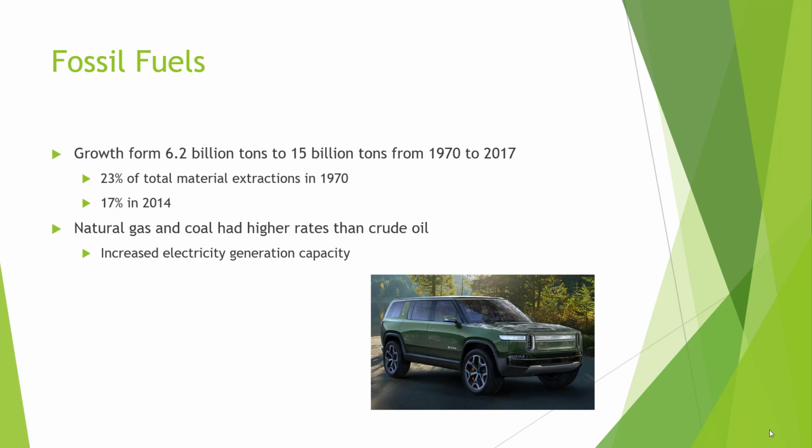Natural gas and coal have higher rates than crude oil, and that is because natural gas and coal increase electricity generation and capacity. So we're going to mine for those more than we are going to be crude oil. However, there's been an increase in North America, especially down in Venezuela, their oil production, just for the attempt to get into the global market.